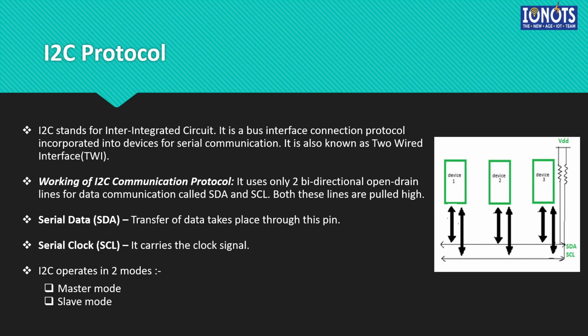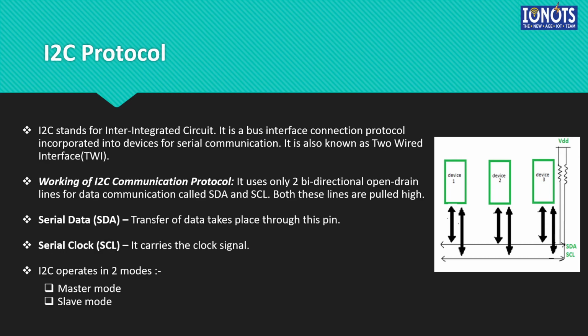Now, what are the important features of I2C communication? Number one, it's a half duplex communication protocol. Bidirectional communication is possible, but again, not simultaneously. Hence, half duplex. It is synchronous communication protocol. It can be configured for multi-master configuration. Now, this point is what stands out with respect to the SPI protocol.